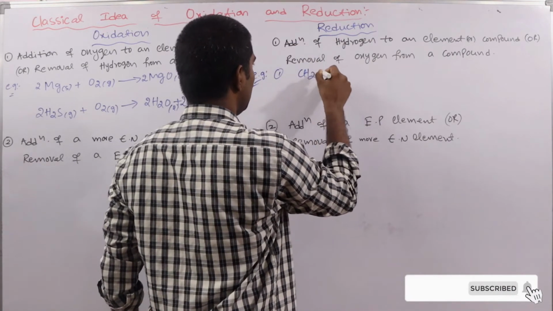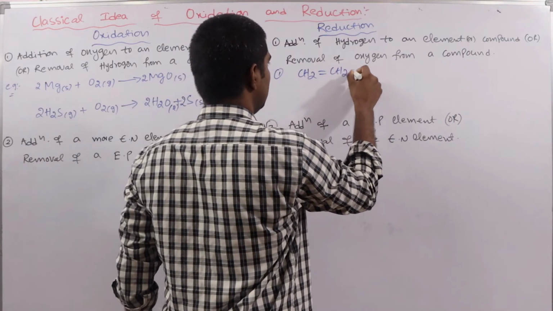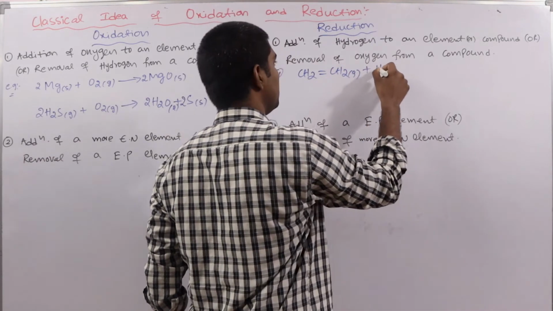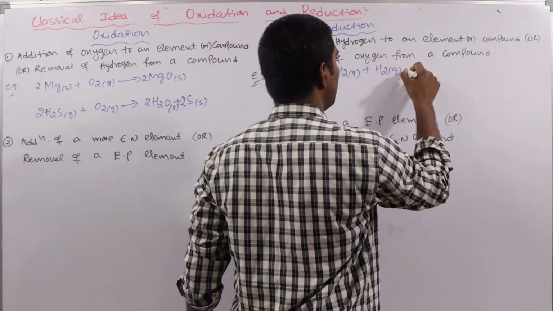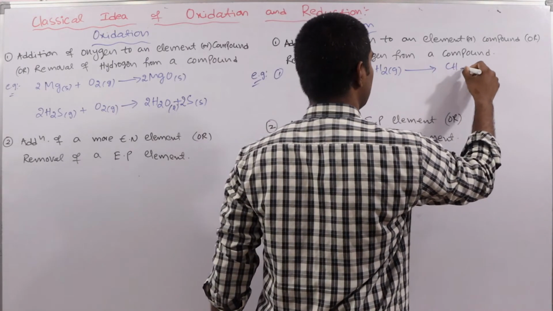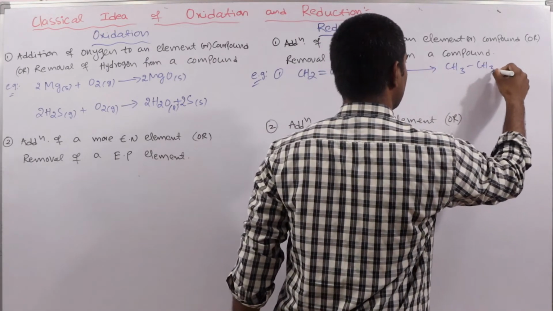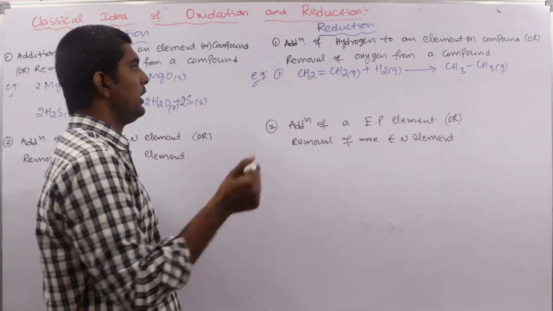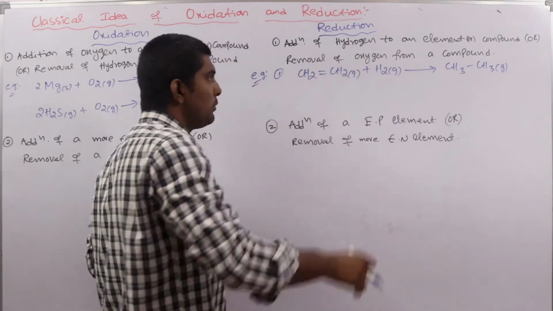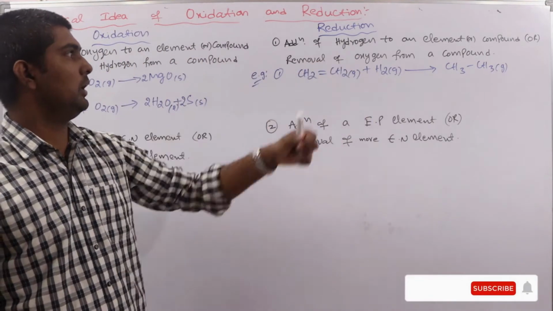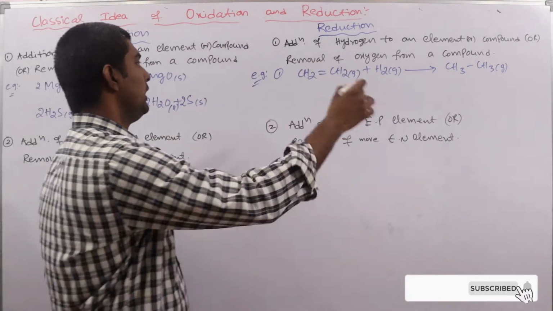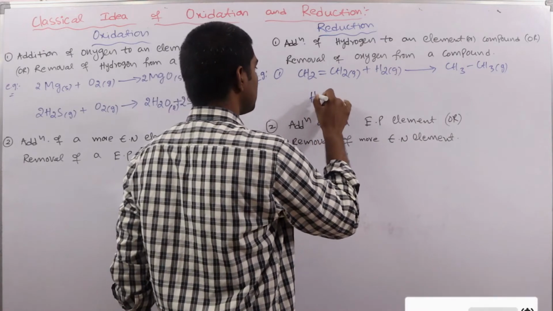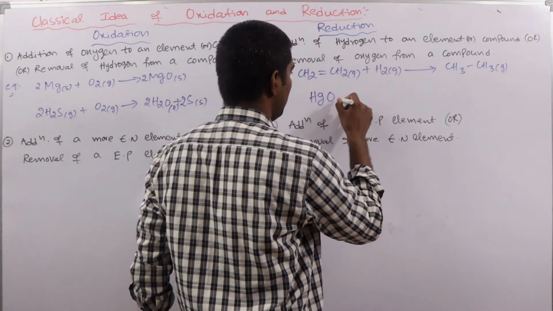Suppose we have ethene. For this we are adding hydrogen, so we get ethane. Here we have added hydrogen to this molecule, so that's why this is reduction. And let us take HgO.